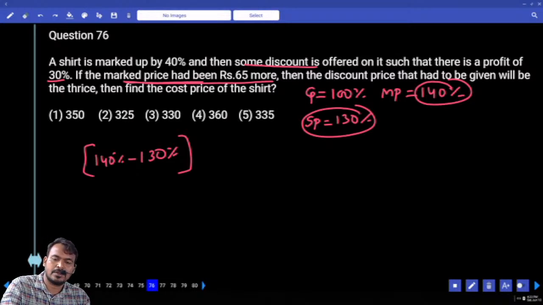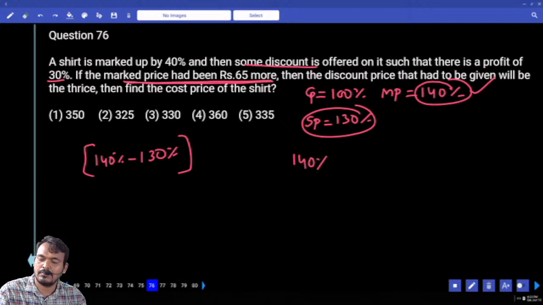Second time, market price is how many rupees more? 65 more. Already market price is 140. Then we write 140% minus 65, that is the new market price. Sorry, more means plus 65. 140% plus 65.